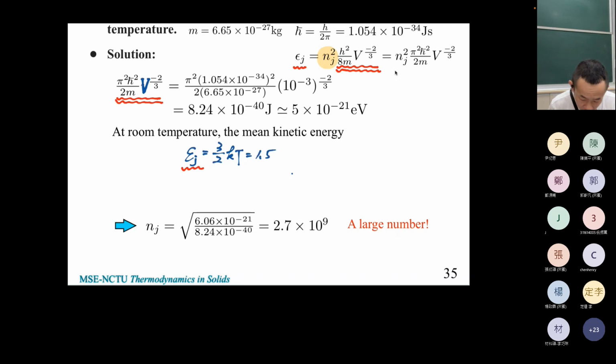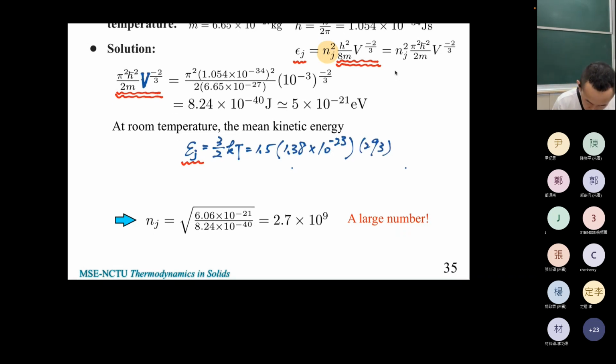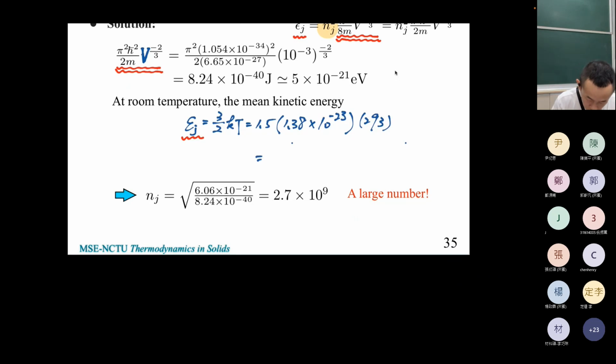Which is equal to 1.5 times 1.38 times 10 to the minus 23 times 293, and equal to 6.06 times 10 to the minus 21 joule.